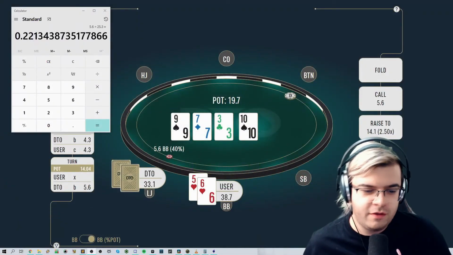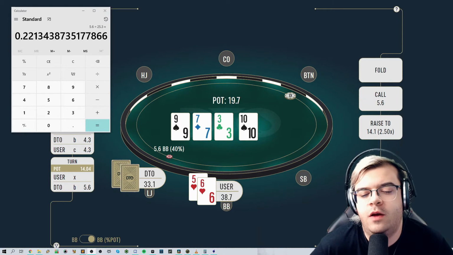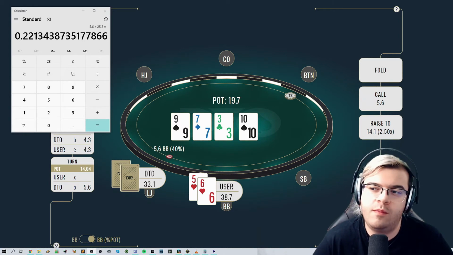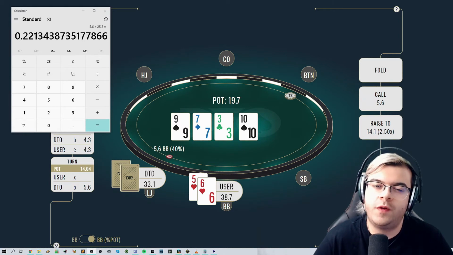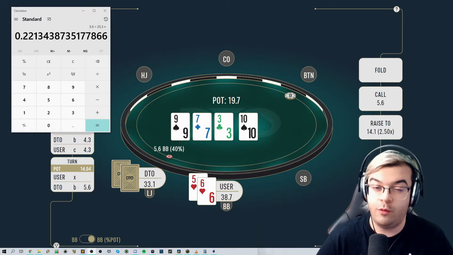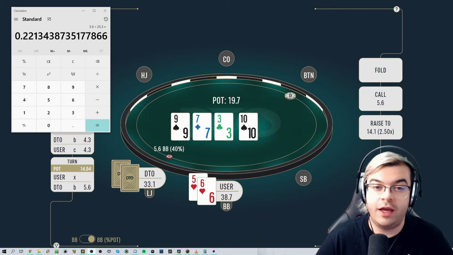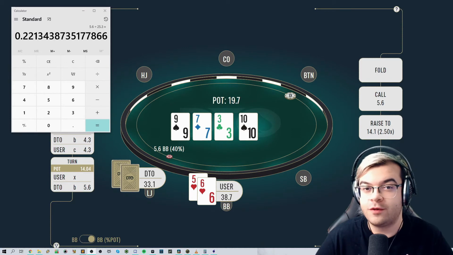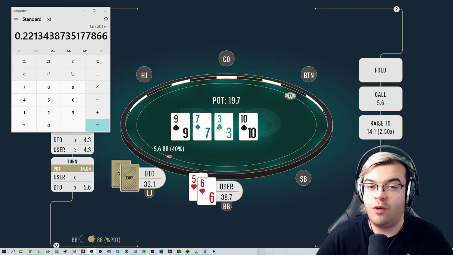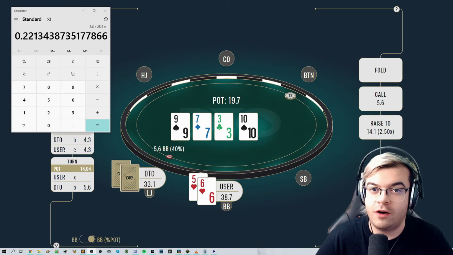Getting back to our straight improvement example, you can calculate the chances of you improving by adding 2% per card. Technically we have 8 cards on the river that will improve us to a straight, which are 4 eights and 4 fours in total. You just multiply that number by 2%, because you have only 1 card to come.